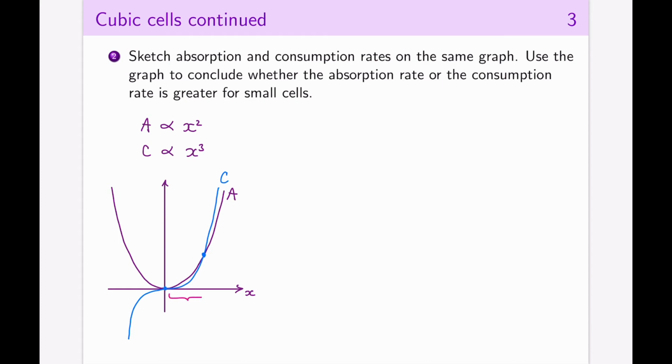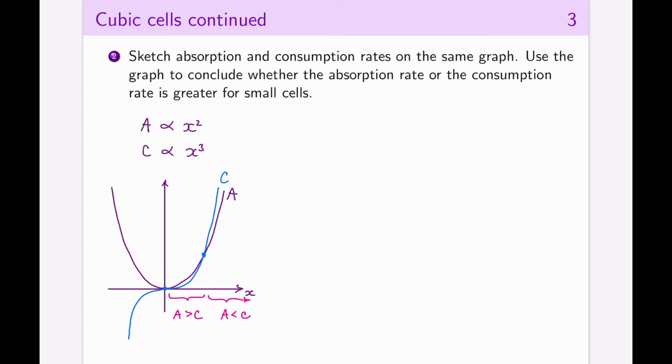So here, absorption is greater than consumption. Whereas past the switch point and from then on, consumption is dominating. So the cell will consume more nutrients than it is able to absorb, which means that it will eventually starve and therefore not survive. So here, absorption is less than consumption and the cell is not in good shape for long-term survival.